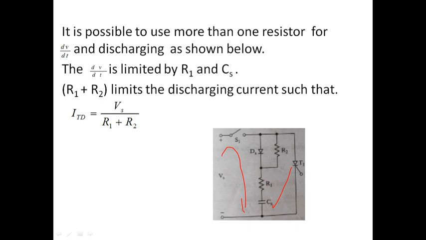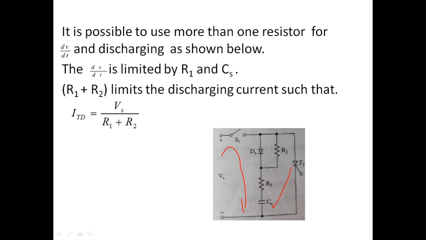Then, when the SCR is on, discharging should happen, no? The capacitor voltage should discharge. For that we use another resistance here, R2. But this R2 does not come into the picture during the charging process, because the diode is there and short circuits it, so charging happens only through R1.